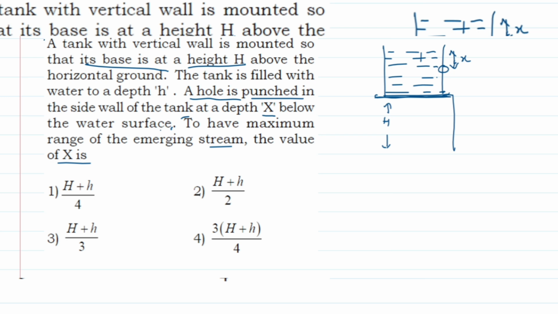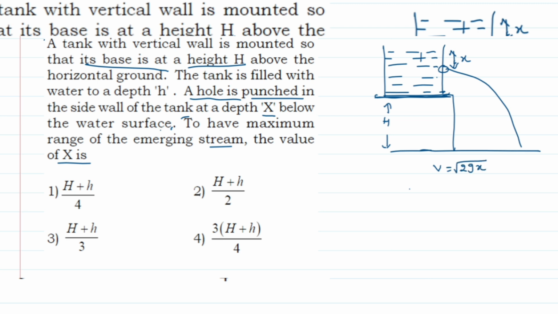So now here the liquid level is going to be falling down like this. The fluid is going to be coming outside. With what velocity the liquid is coming outside, the speed of efflux will be v equal to square root of 2gx.